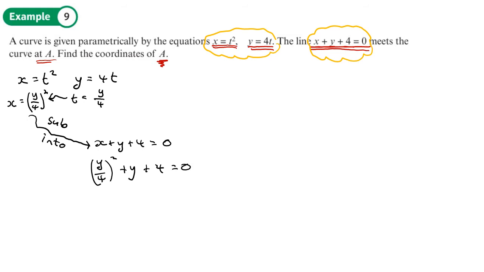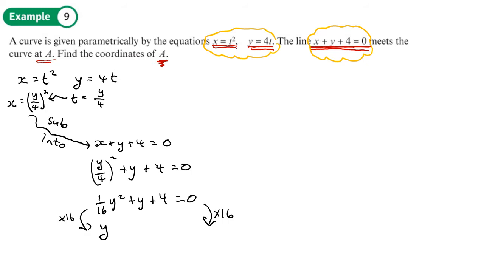So it's looking like it's going to be a quadratic. If I expand the brackets, 1/16 y squared plus y plus 4 equals 0. If I want to attempt to factorize it, I'd probably multiply everything by 16 to get rid of that 16th.